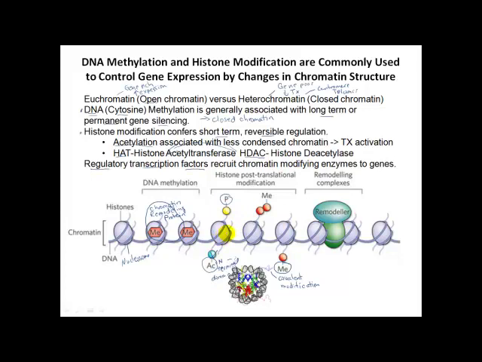wrapped around, right? Now again, what specifically does acetylation or phosphorylation or methylation of these N-terminal tails do to alter the structure of chromatin? Well, we think nothing directly.